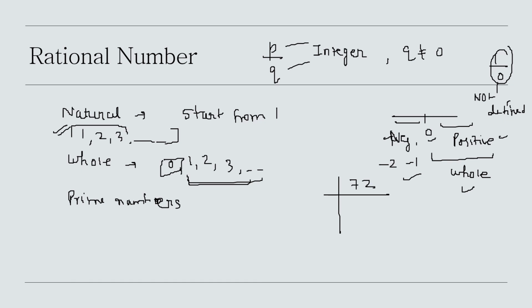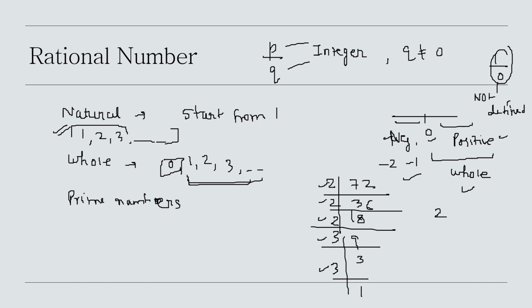That means factor it in the prime number form. So divide it. 2 3s are 6, 2 6s are 12, 2 1s are 2, 2 8s are 16, 2 9s are 18, 3 3s are 9, 3 1s are 3. So you can see these are the factors of 72.